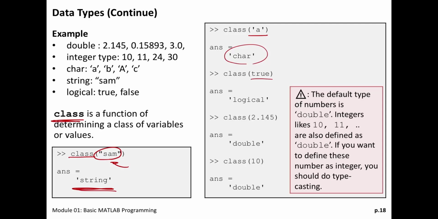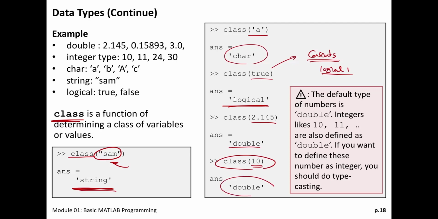True, I mentioned that true is the constant. Inside is a logical 1. That's why this is logical type. This then is the double. What about this one? That is a double. I mentioned that 10 and 11 is integer, but default type is the double.